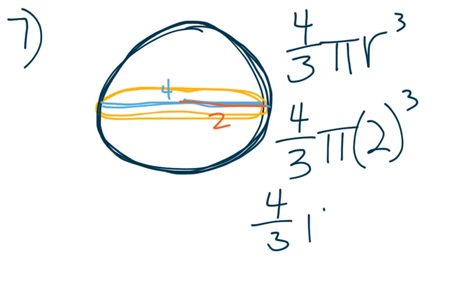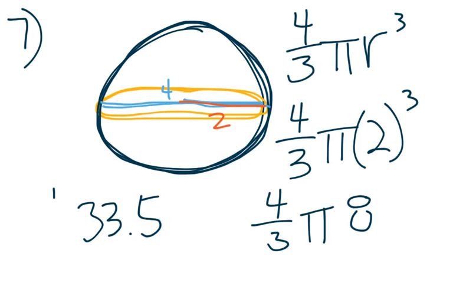So we have 4/3 pi times 8, and so we want to multiply 8 times 4 and divide it by 3, and then we're going to multiply that by pi. And you can do all of this on your calculator, and we get 33.5. This is your answer for number 7.